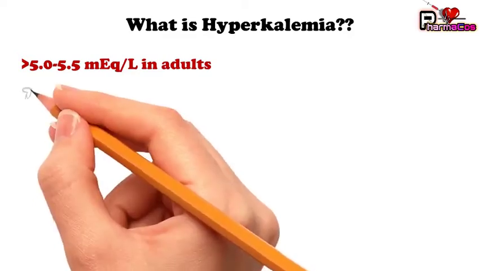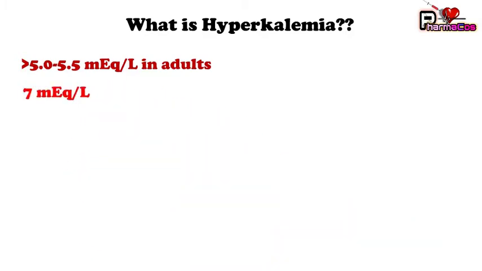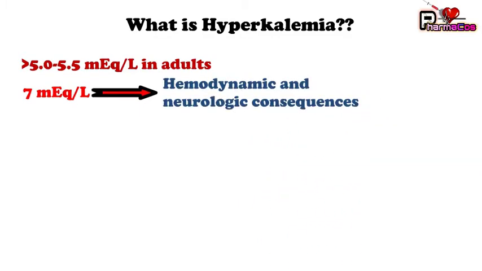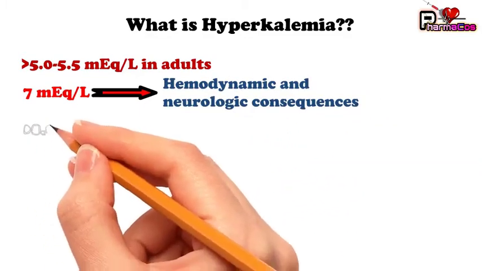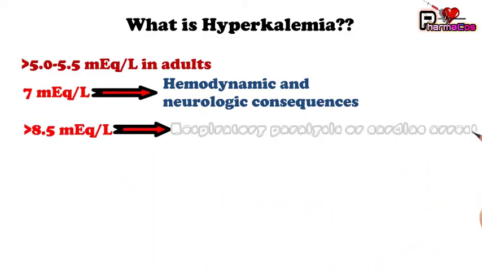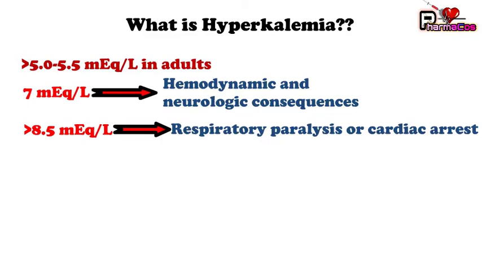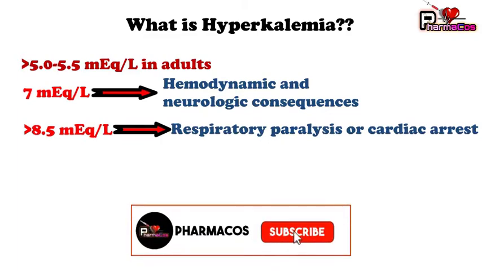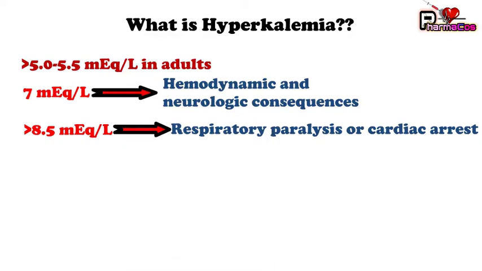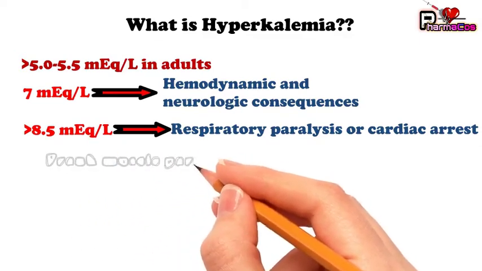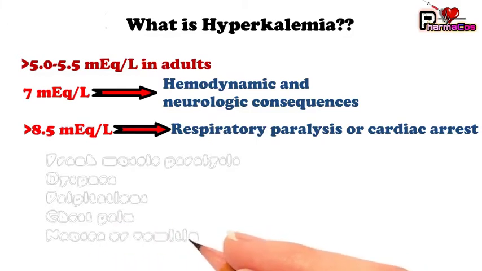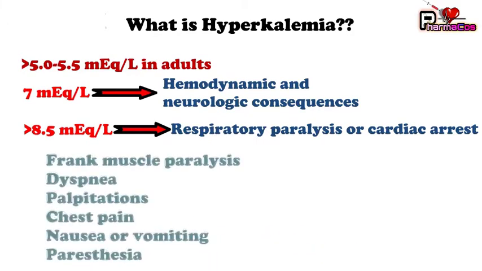Levels higher than 7 milliequivalent per liter can lead to significant hemodynamic and neurologic consequences, whereas levels exceeding 8.5 milliequivalent per liter can cause respiratory paralysis or cardiac arrest and can quickly be fatal. Weakness and fatigue are the most common complaints. Occasionally, patients may report the following: frank muscle paralysis, dyspnea, palpitations, chest pain, nausea or vomiting, and paresthesia.